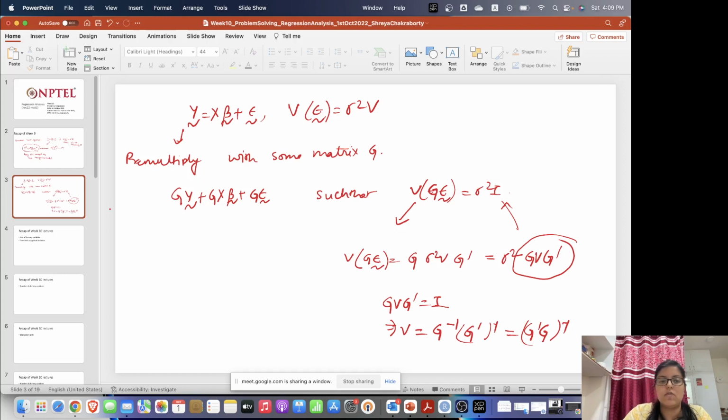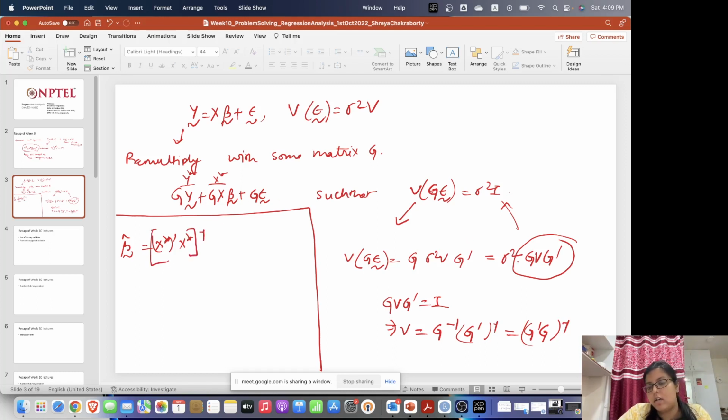From here, if we try to get beta hat, this is our new X star and this is our new Y star. So we would have X star transpose X star inverse. Since we have GVG transpose as I, the assumptions for ordinary least squares are met.